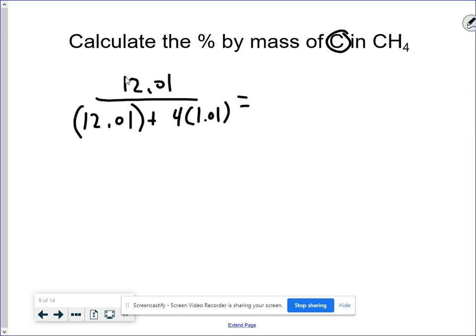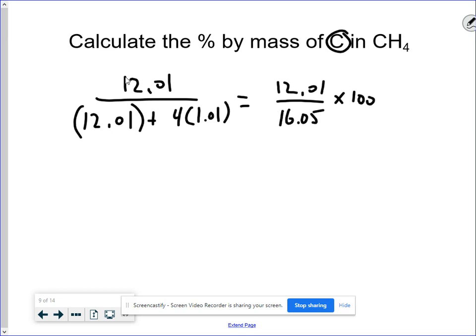Okay, so what do we get there? 12.01 is the top. The bottom is literally the molar mass, 16.05. And then we're going to times that by 100.